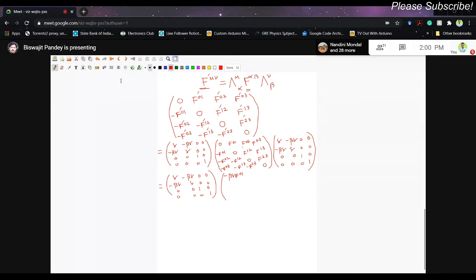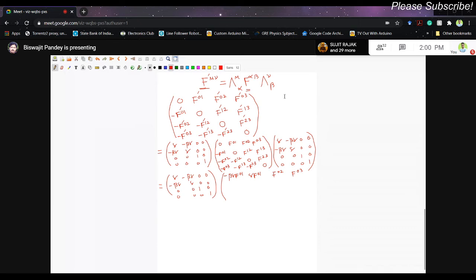First row, second column: 0, 0, F01 times gamma, so gamma F01, right? First row, third column, only the third element is non-zero, so it will be simply F02. First row, fourth column, only the last element is 1, so this will be F03.